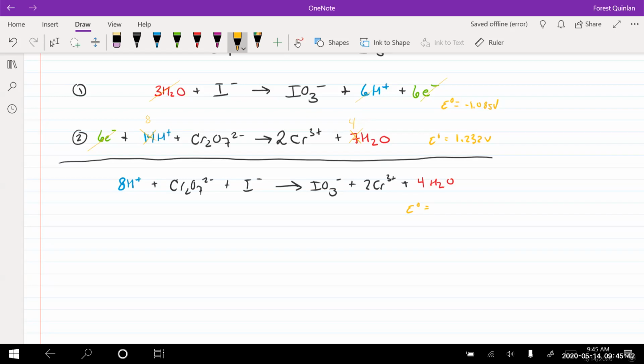We don't have to worry about the N1, E1 stuff. We would get a positive 0.147, which means it's spontaneous as written. Okay, so let's build it.